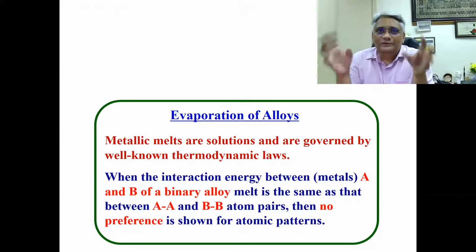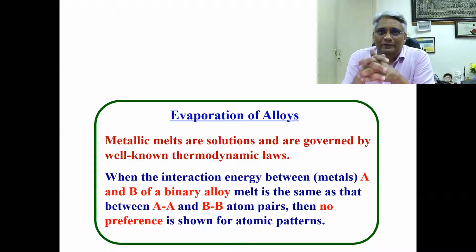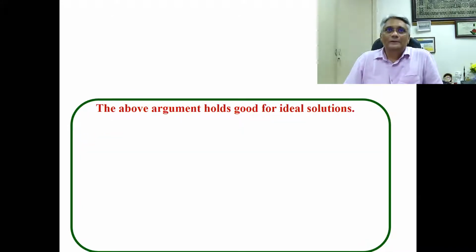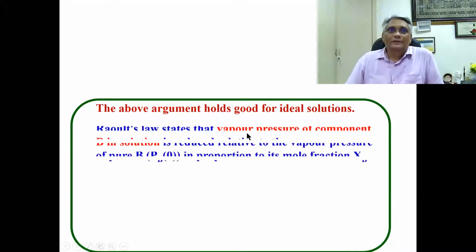When the interaction between A and B of a binary alloy melt is the same as the interaction between AA and BB atom pairs, then no preference is shown for atomic patterns to form. This is the ideal, straightforward case. So the above argument always holds good for ideal solutions.